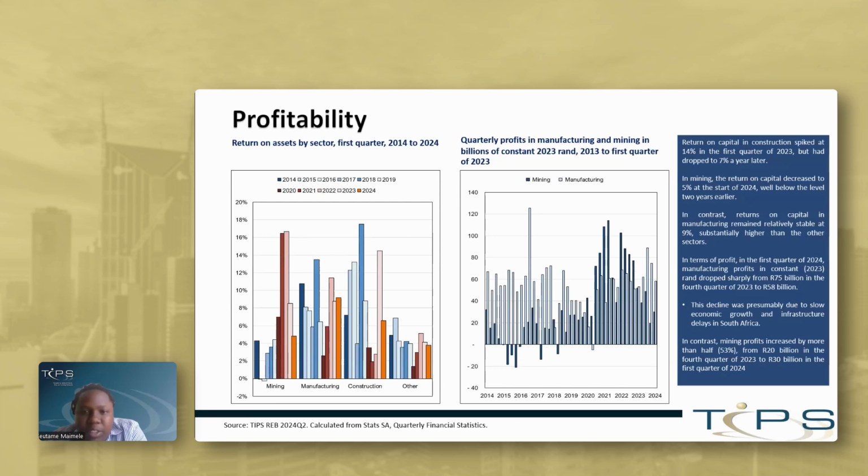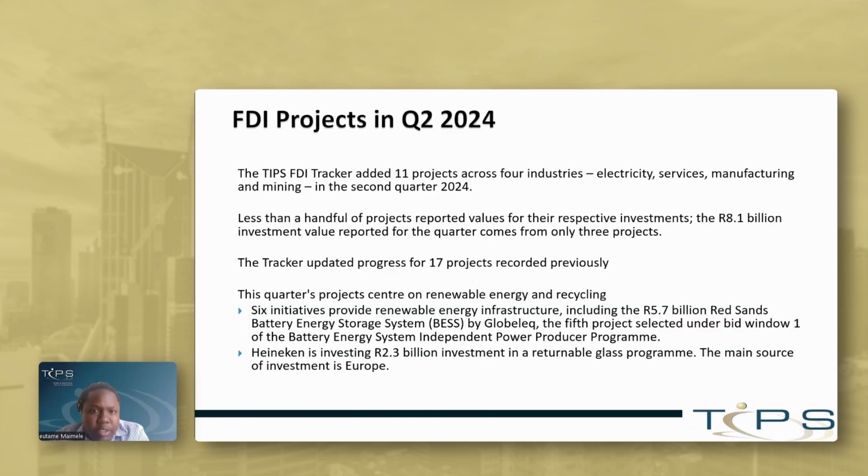So in terms of profitability, the main thing that I can highlight here is that manufacturing profits have actually dropped, whereas mining profits have actually increased, as you can see from the graph. Then just highlighting the FDI projects, TIPS has an FDI tracker, and from the tracker, 11 projects were added across 4 industries: electricity, services, manufacturing, and mining.